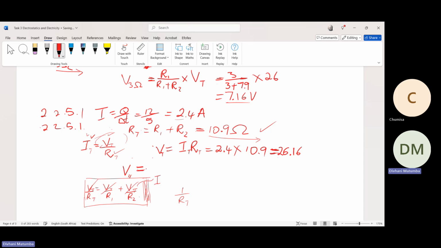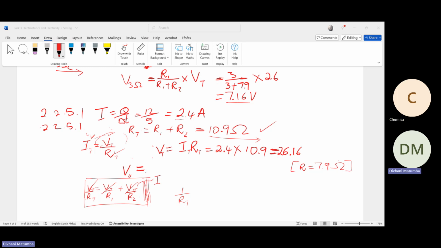So in this case, do you agree that we have the equivalent resistance of 7.9 across the parallel connection, or the parallel system? You agree? Yes, sir.